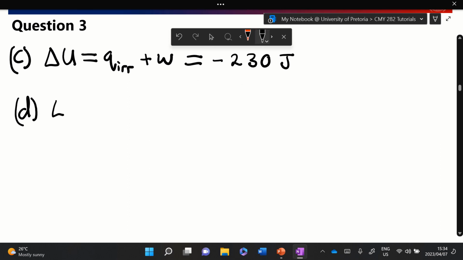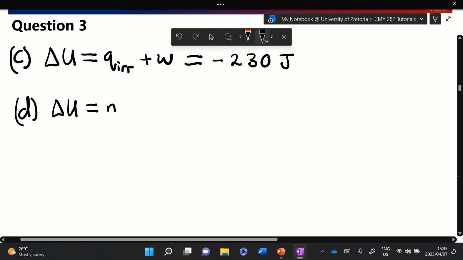Remember, for adiabatic changes, the change in internal energy is defined by the constant volume heat capacity times the change in temperature for 1 mole of gas. For not 1 mole of gas, it's defined by the molar heat capacity times the temperature. Because we're given all that information, we can just rearrange that equation.